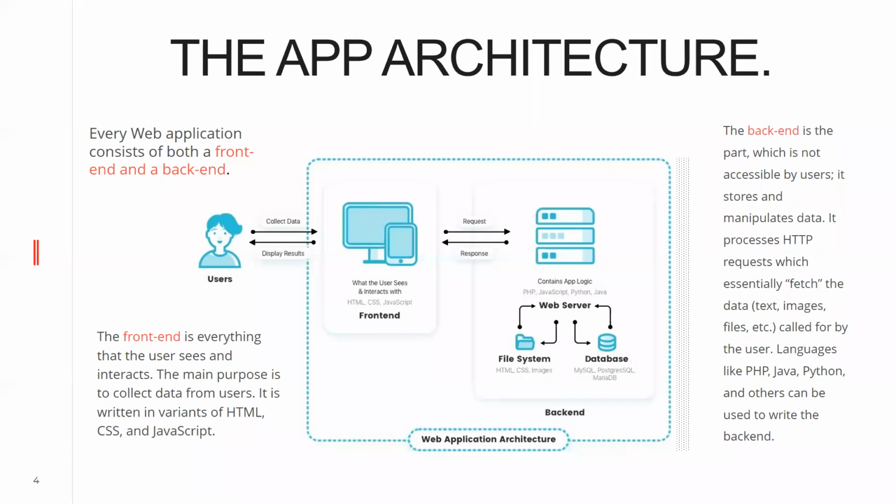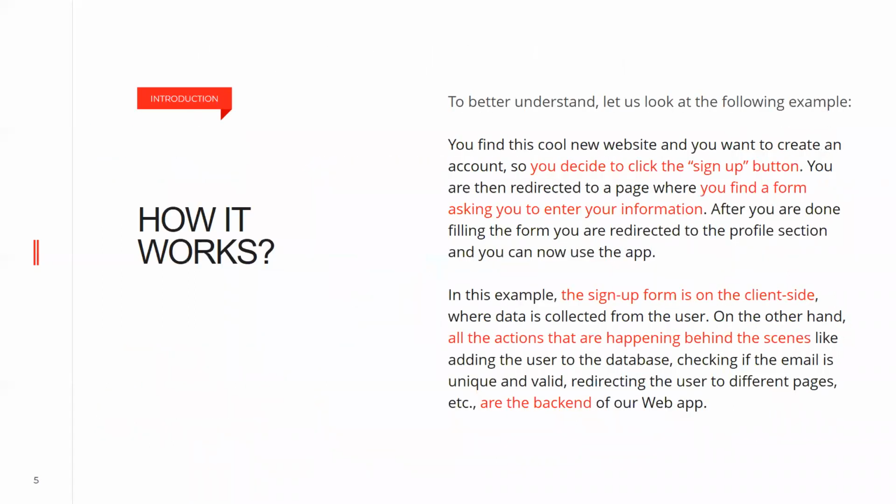So let's look at how a typical application works when you are trying to sign up. You find a cool new website and you want to create an account. So you go to the sign up button and click it.